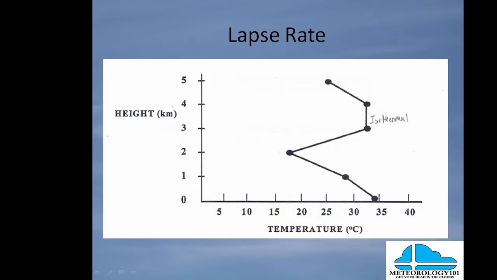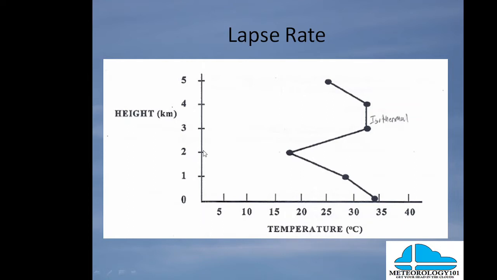All right, so the lapse rates we talked about. Isothermal, no change in temperature with height. From the surface, typically in a standard atmosphere, temperature decreases with height. How fast that happens, how much it changes with height.